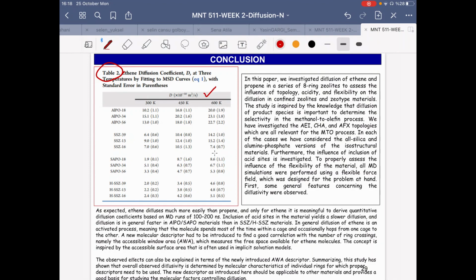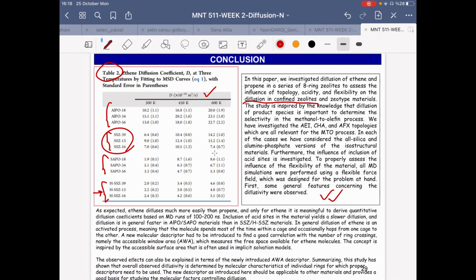But this was another good table: ethene diffusion coefficients at 3 temperatures by fitting to MSD curves. These are my diffusivities for different frameworks, different topologies. These are the acidic forms of these molecules, which we will learn in our class. If you look at the conclusion in this paper, we investigated the diffusion of ethene and propene in a series of 8-ring zeolites to assess the influence of topology, acidity, and flexibility on the diffusion in confined zeolite materials.